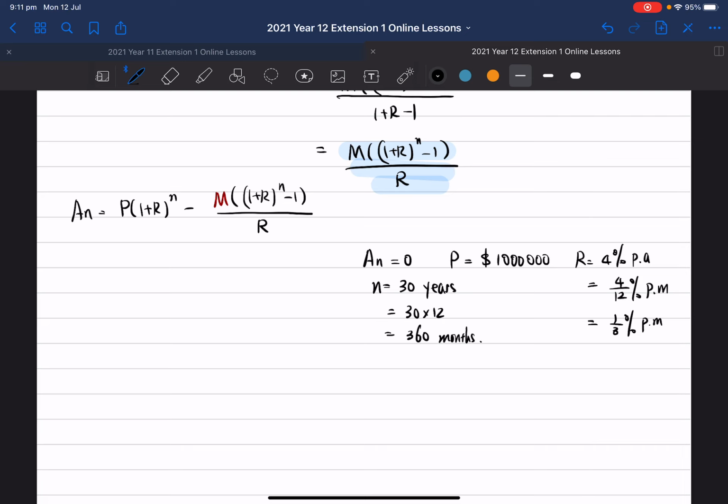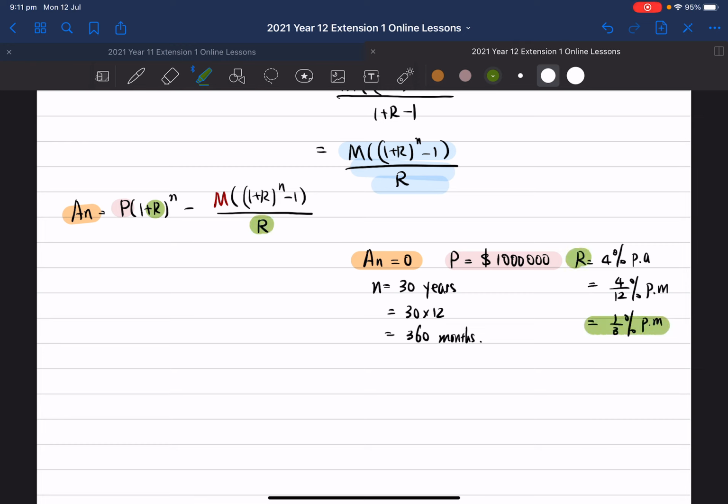Okay, all right, so we've got all the information here. All we have to do now is substitute everything into the formula that we derived before. Okay, so we have An, which is equal to 0. We have the P, the principal, that is equal to 1 million. We also have that r, the interest rate, which is 1/3%.